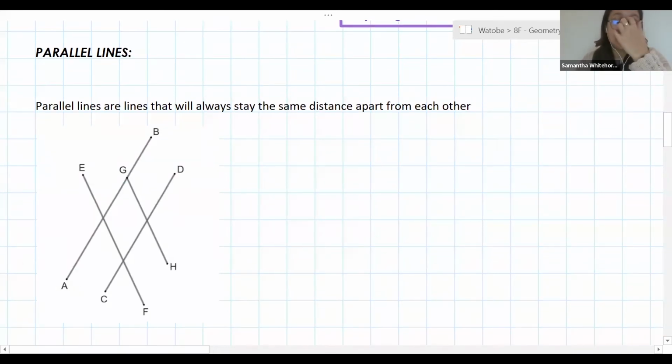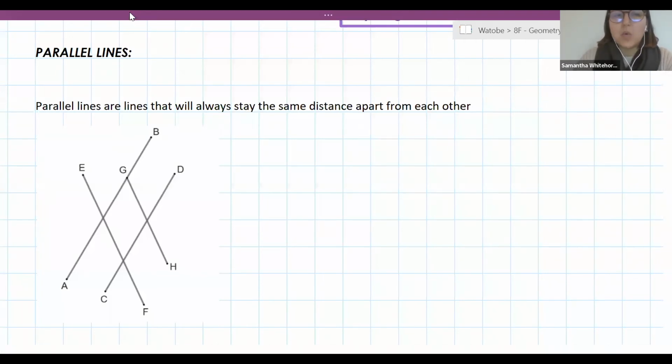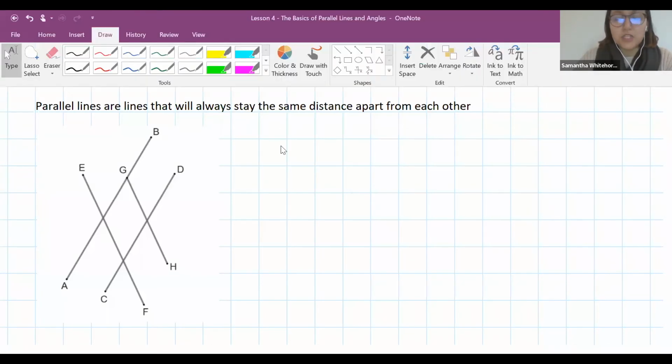So let us have a look at what we wanted to chat about today, which is parallel lines and the relationships that they create. This is just a little diagram, firstly, to show you how we will symbolize parallel lines on a diagram, and to make clear what a parallel line is. Very importantly, parallel lines are lines that will always stay the same distance apart from each other.